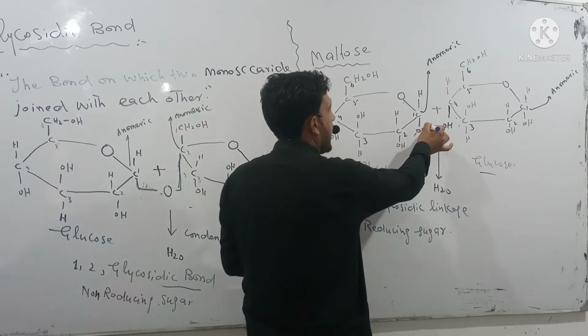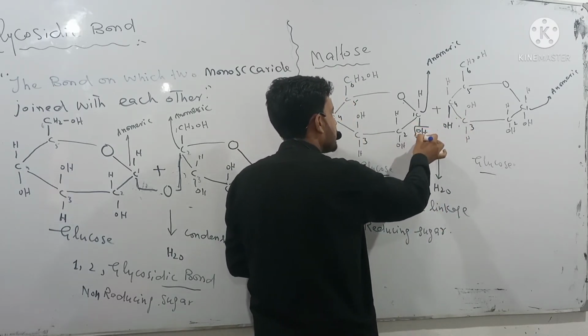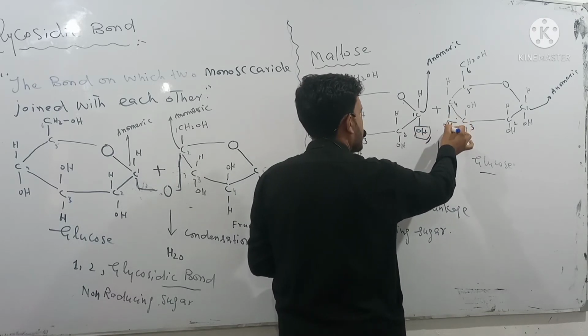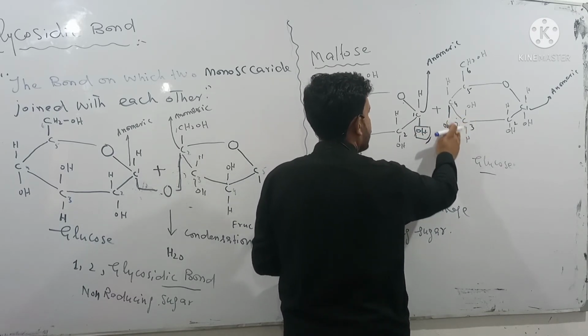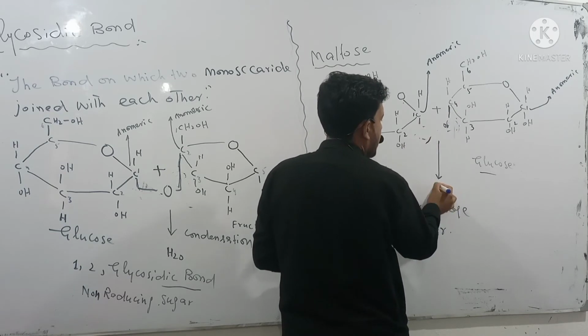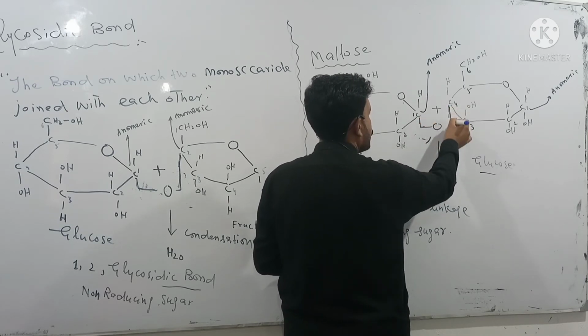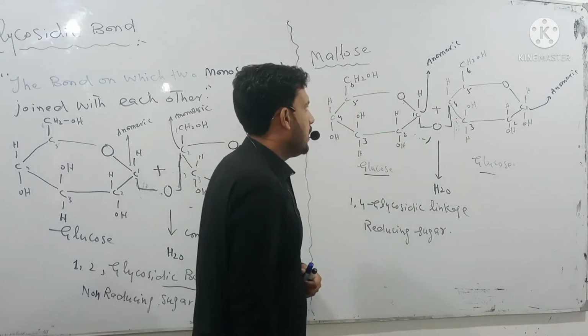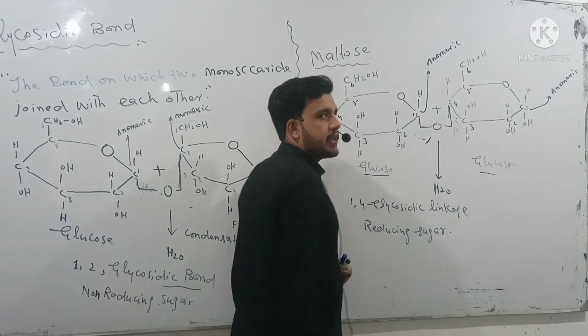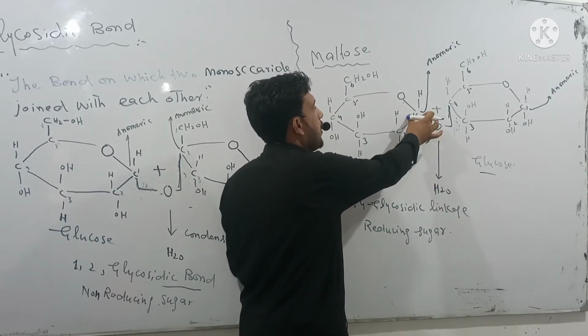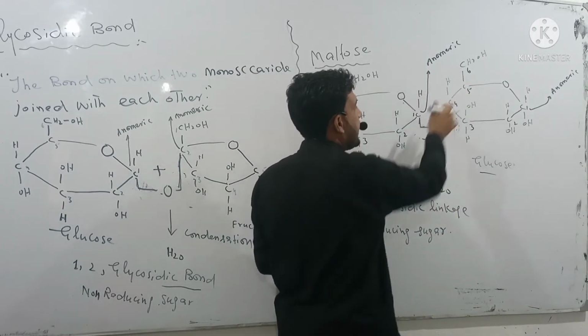If we remove the hydroxyl group from the first glucose and the hydrogen from the second glucose, they combine with each other and form a molecule of water. Here the oxygen remains, and the oxygen joins the two glucose molecules and forms the glycosidic linkage. Here the bond is formed between an anomeric and a non-anomeric carbon.